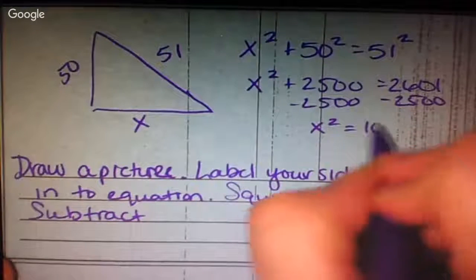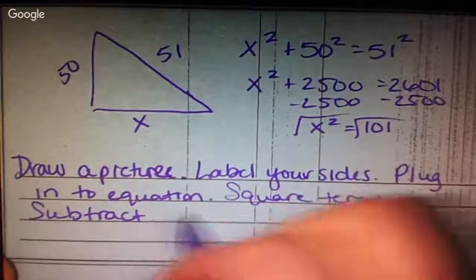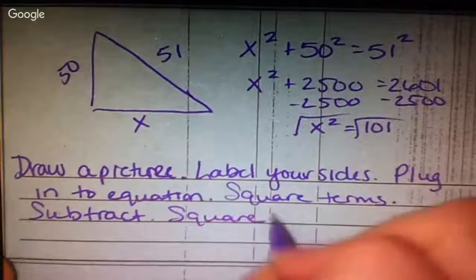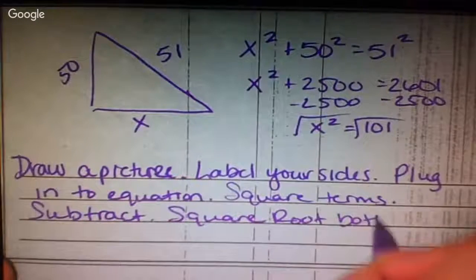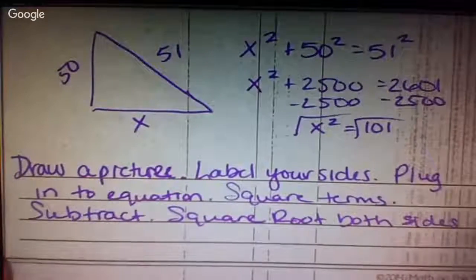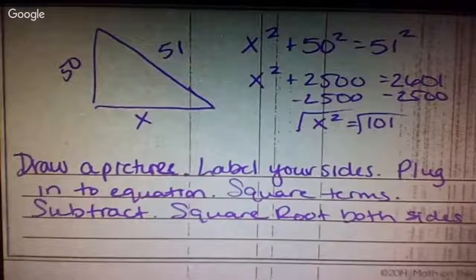And finally, we square root. So now you can talk anybody through a problem that you want. You just pulled everything you just did, and you should be able to teach this. Questions?